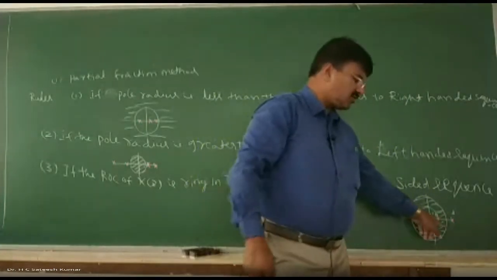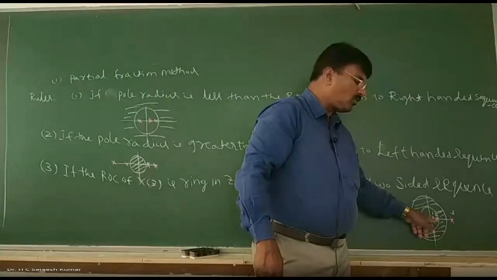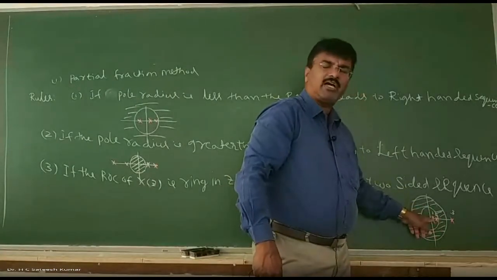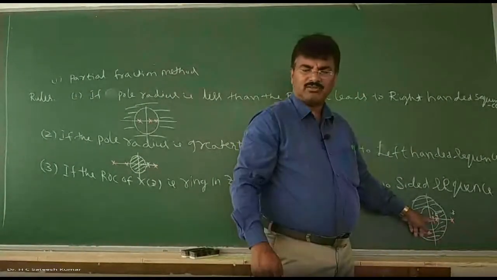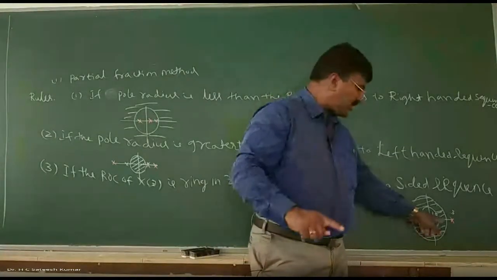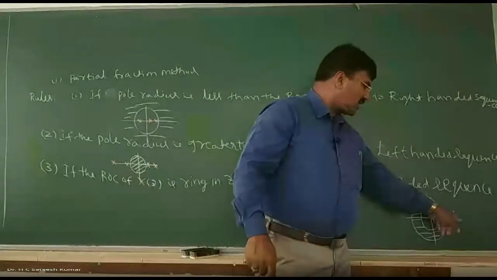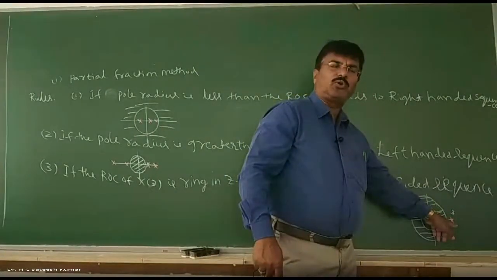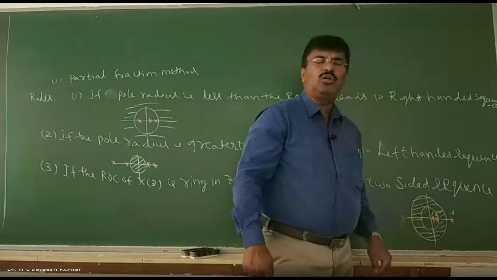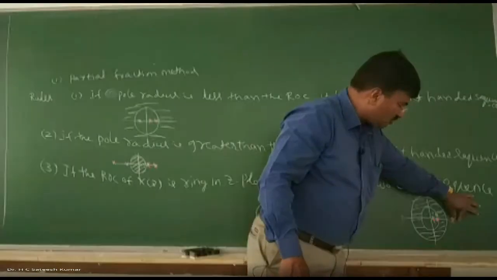The terms corresponding to the poles whose pole radius is less than the ROC lead to a right-handed sequence. The terms corresponding to the poles whose pole radius is greater than the ROC lead to a left-handed sequence. That means these two will be right-handed and these two will be left-handed.